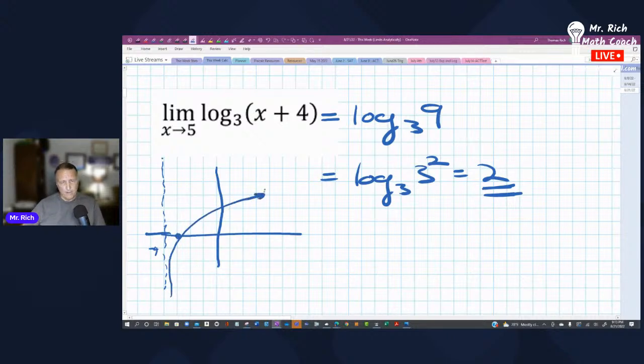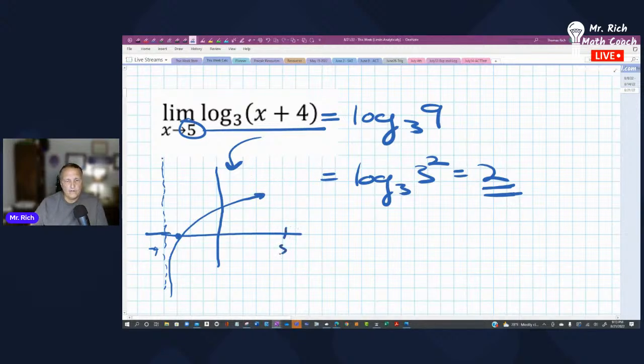And why does that matter? Well, it matters because I know that that function is continuous. It's got no discontinuities, and 5 is in the domain of this function that I have just graphed. So if it's continuous and 5 is in its domain, then the limit has to exist, and the limit would be the value of the function at that particular x value.